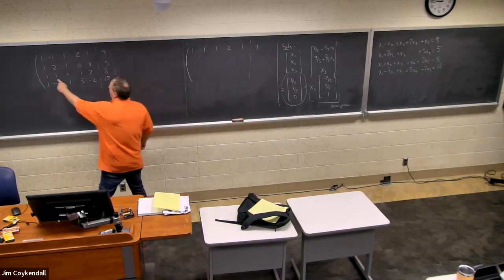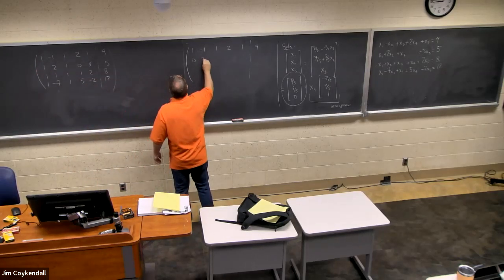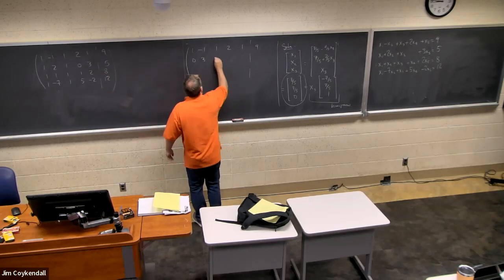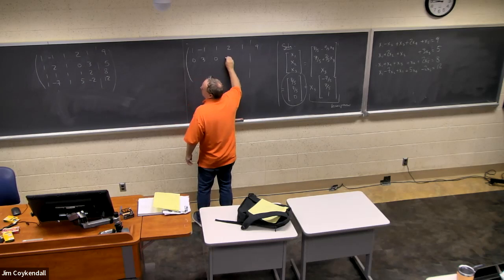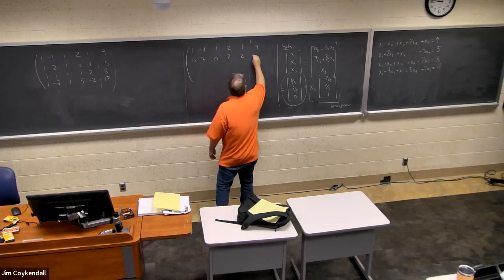And I'm going to use that to take all these out. So that's going to be 0, 3. Hold up my minus 1 and add: 0, 3, 0, minus 2, 2, and negative 4.